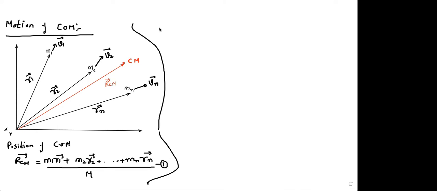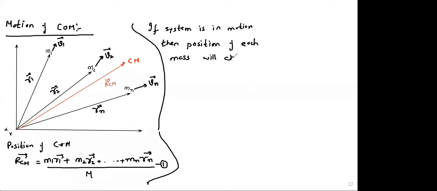If the particle is in motion, or if the system is in motion, then the position of each mass will change. So you can calculate the velocity of center of mass.